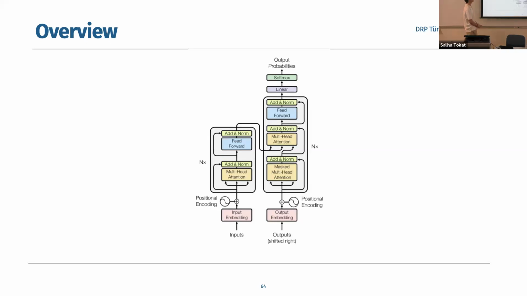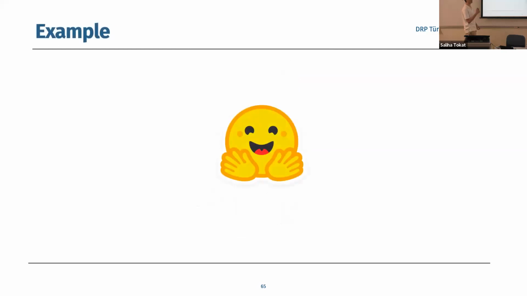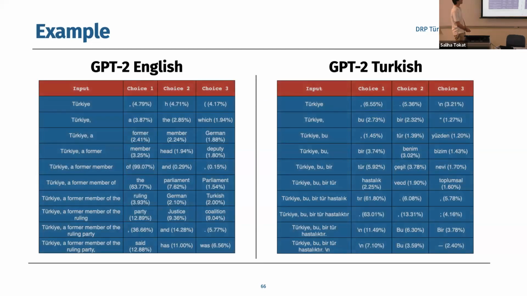Instead, I will be talking about some examples from two text generation models. First of all, we have these two models, one of which is GPT-2 English, which is mostly trained on Wikipedia data from the internet, and the GPT-2 Turkish one.